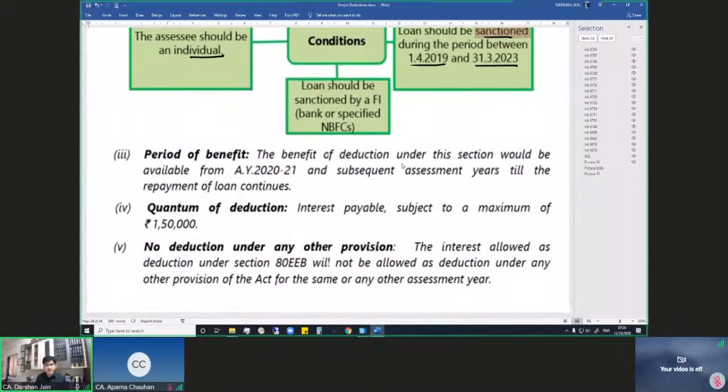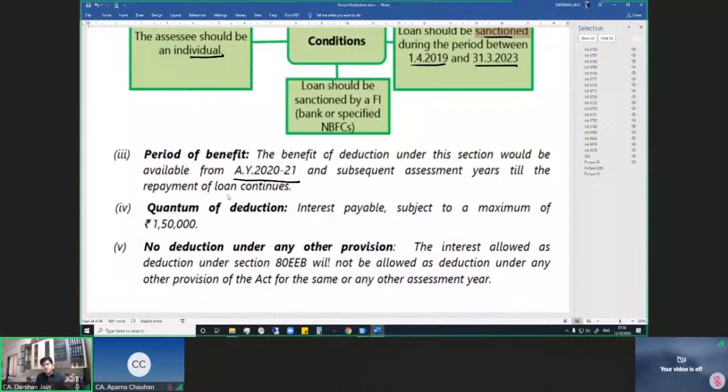The benefit of deduction under this section would be available from AY 2021. So this is new to the Income Tax Act and applicable from the year which we are discussing. So a new provision, may be a little important, and subsequent assessment years till the repayment of loan continues.